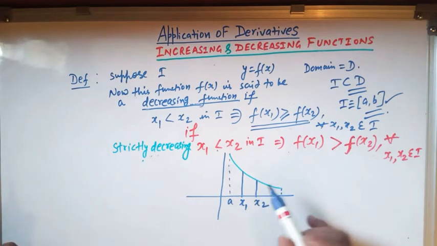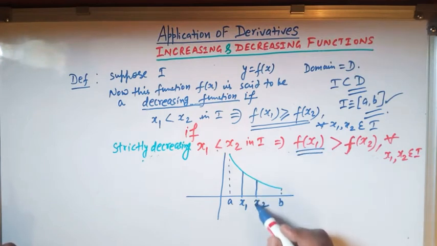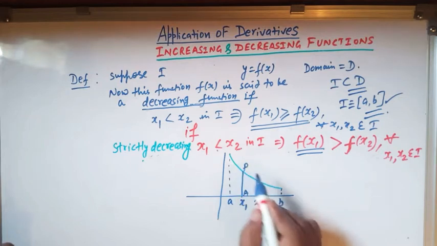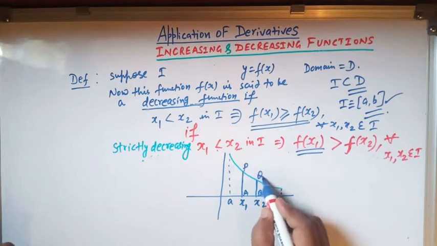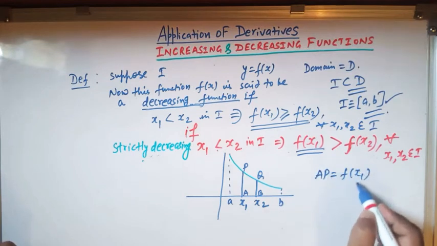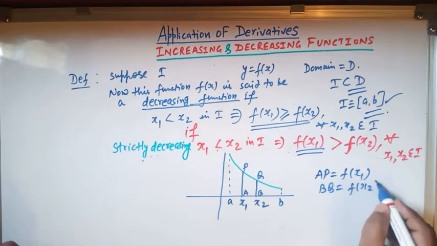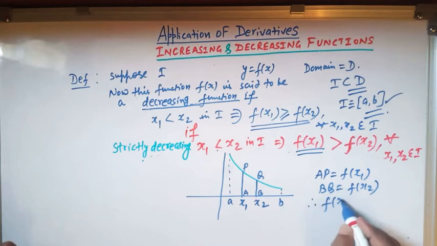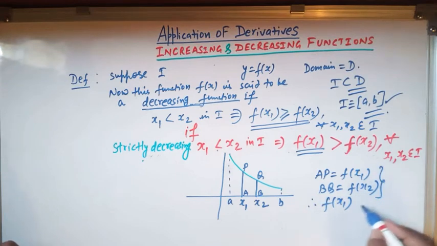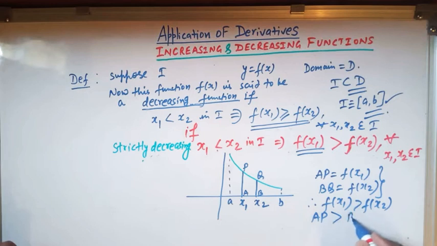Now the ordinate f(x1) is greater than f(x2). If I take this point as A and this point as P, this is point B, this is point Q, so AP is equal to f(x1) and BQ is equal to f(x2). So therefore f(x1) is greater than f(x2), or this height AP is greater than BQ.